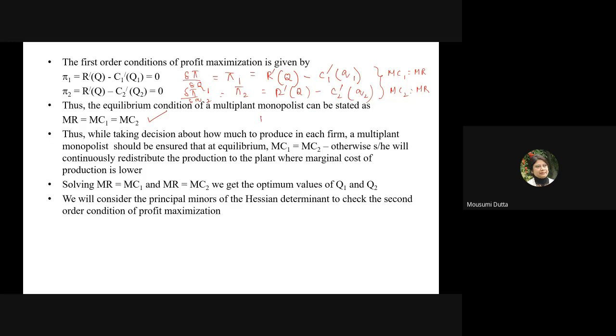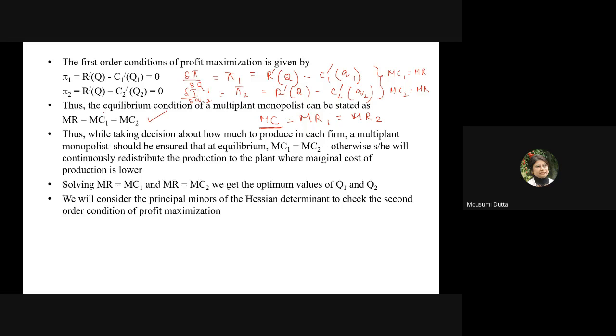Under discrimination, the equation was like this. So first I am considering the MC level at equilibrium and then equating it with the MR1 to find out the output in the first market, and then equating MC with MR2 to get the output in the second market.